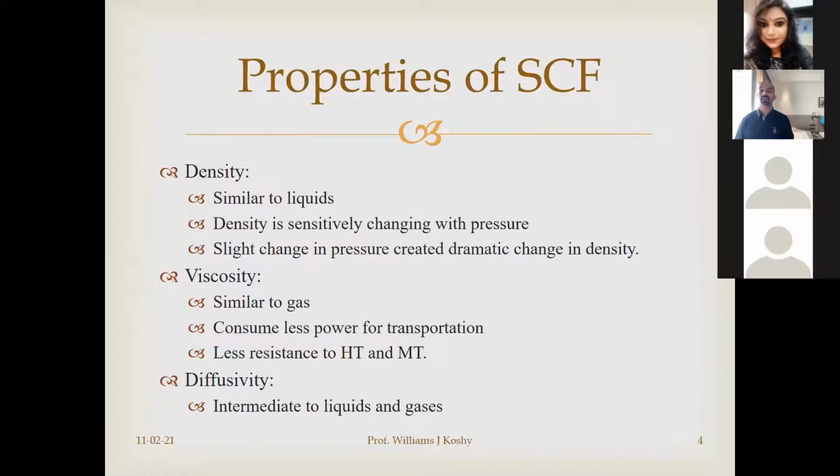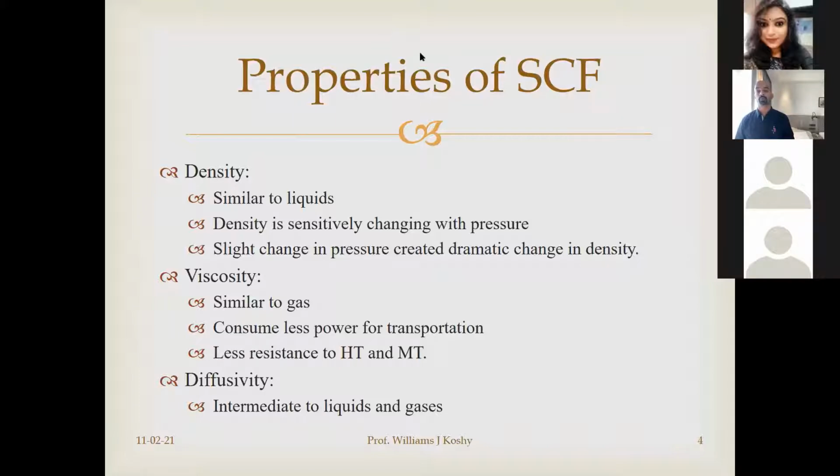The higher the viscosity, the more energy is required for transportation of that substance. The viscosity of gases is very low, so pumping gases requires very little energy, and as a result it offers very little resistance to heat transfer as well as mass transfer. Heat transfer and mass transfer happen very easily when the viscosity is very low.